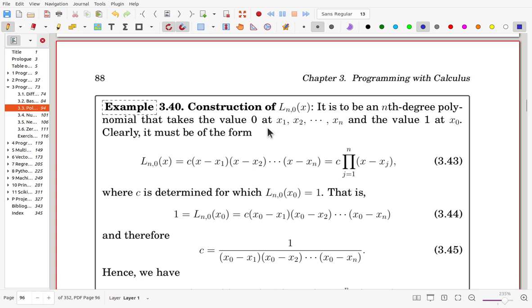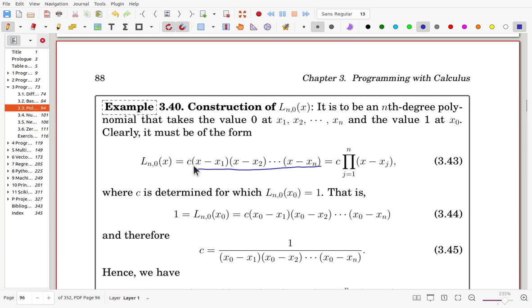So from x1 to xn, the value must be 0, which means that for each of these points, this function should have a factor x minus x1, x minus x2, and so on, so that at x1, x2, up to xn, the value will become 0.